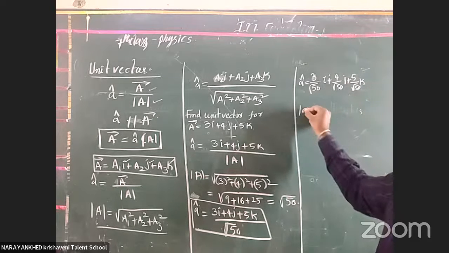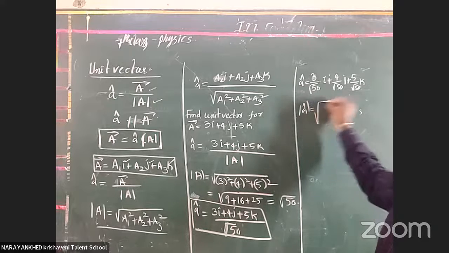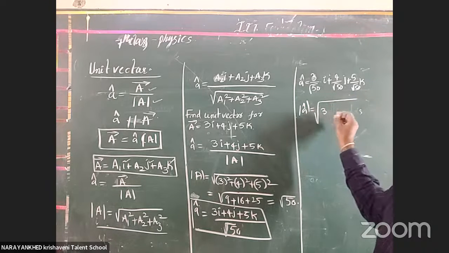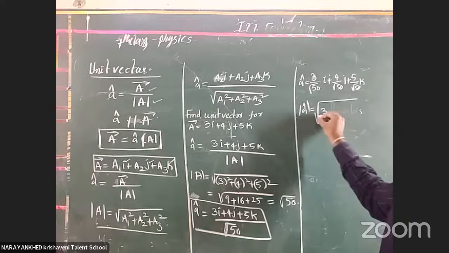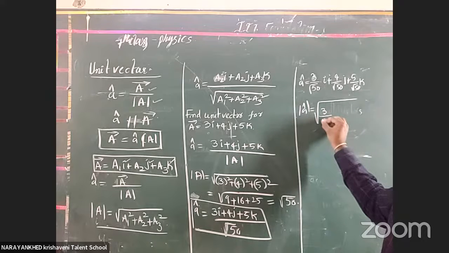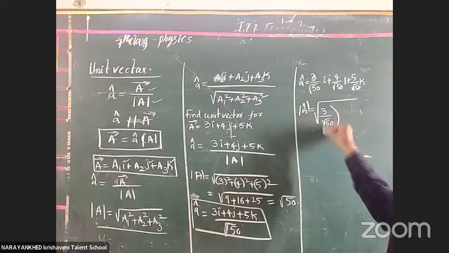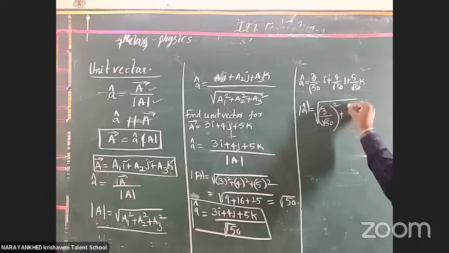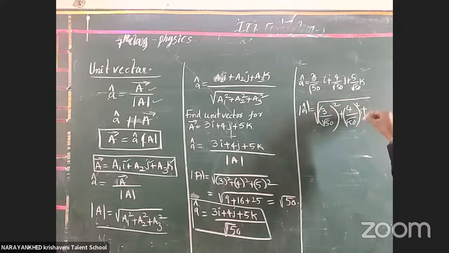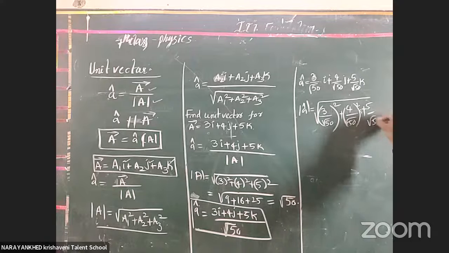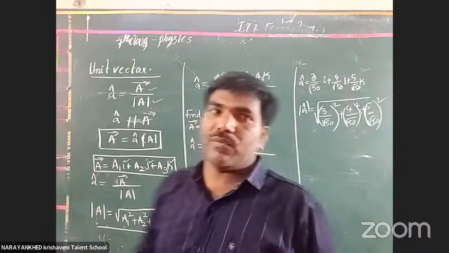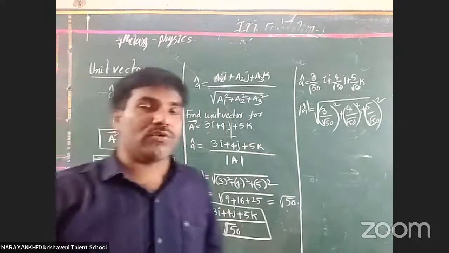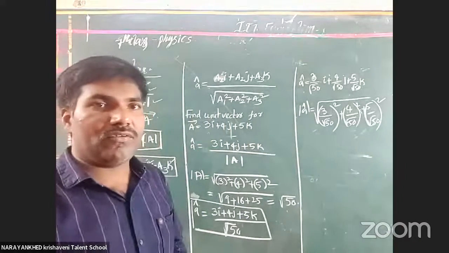And what is the modulus of A cap? It is the square root of 3 by under root of 50 whole square, plus 4 by under root of 50 whole square, plus 5 by under root of 50 whole square. That modulus should become 1 only. Once you do it, you will get it. I hope you got it.